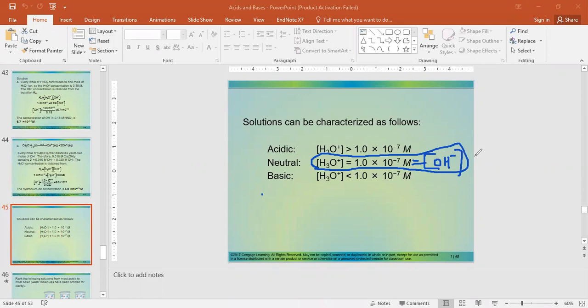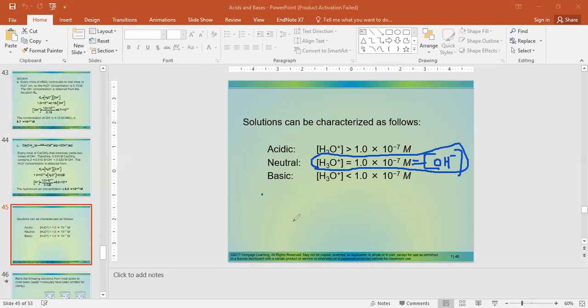So it depends on what you increase beyond 10 to power minus 7. When you increase the concentration of the hydronium, you are going to get an acid. And when you reduce that particular concentration, you're going to get a base, because if it is at 25 degrees Celsius, as one increases, the other one must decrease, so that the ion product is equal to 10 to power minus 14.